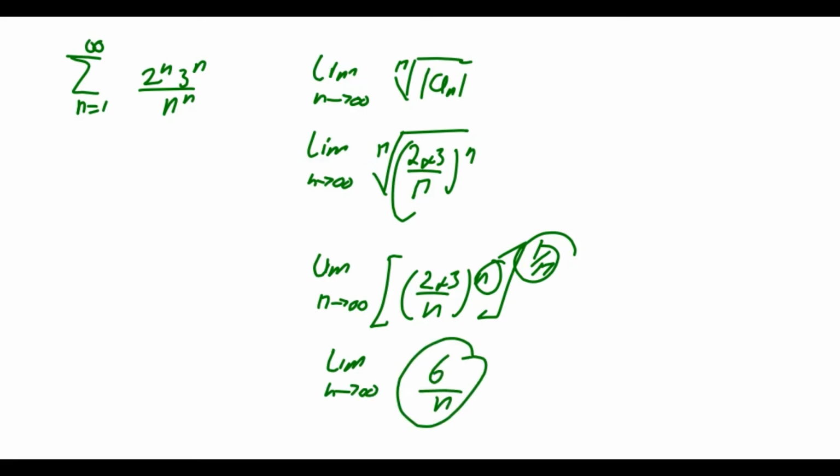This goes to 0. Remember we are looking for the value of L. If the value of L is greater than 1, it diverges. If your value of L is less than 1, it converges. If your value of L is equal to 1, you can't make a conclusion from that, and you try to apply another method. So that's about the root test.